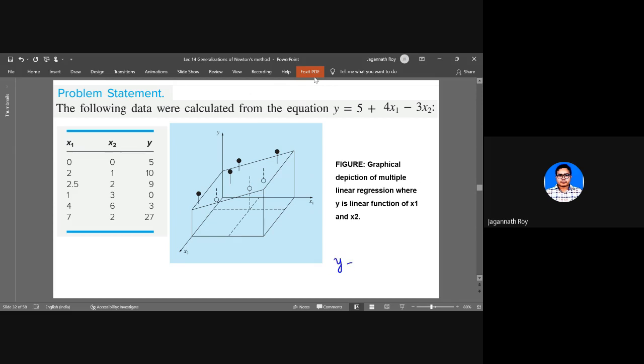Here y is actually f of x1 and x2. One variable, y is a function of 2 variables, 2 independent variables, 1 dependent. Earlier we had y equals f of x. So for this type of cases, we want to use a multiple linear regression line.